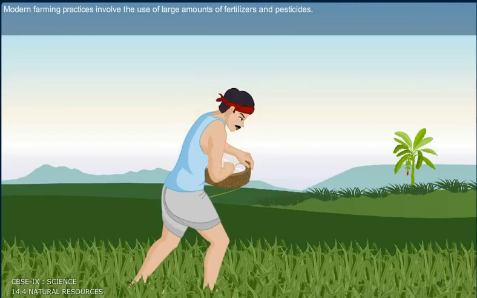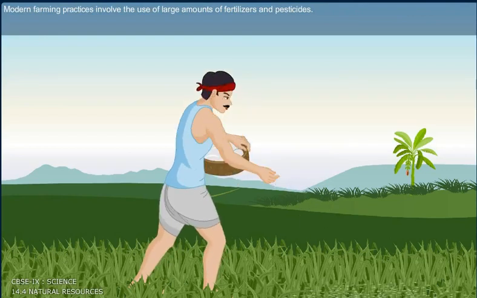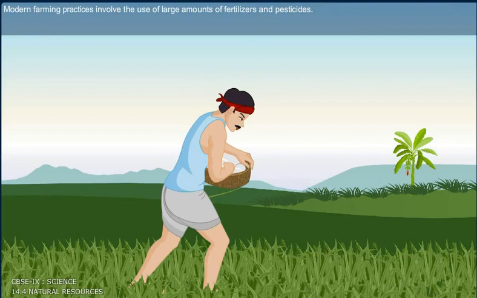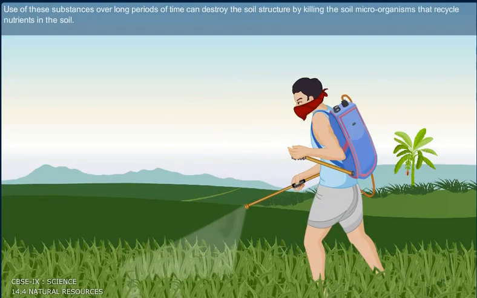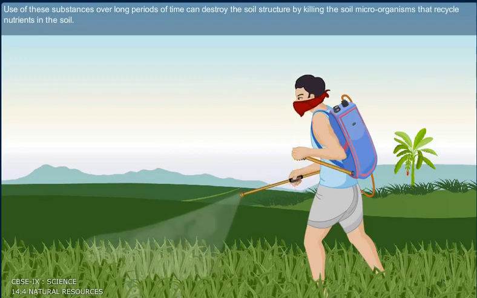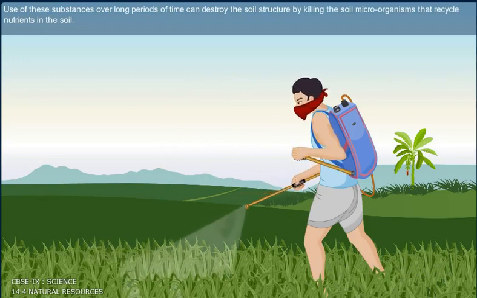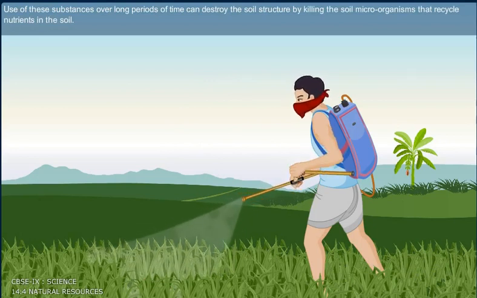Modern farming practices involve the use of large amounts of fertilizers and pesticides. Use of these substances over long periods of time can destroy the soil structure by killing the soil microorganisms that recycle nutrients in the soil.